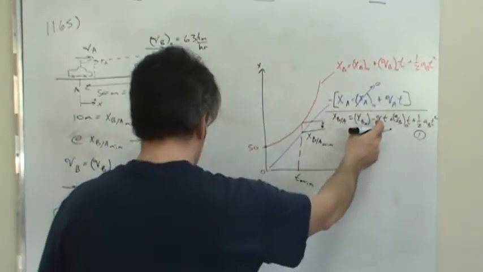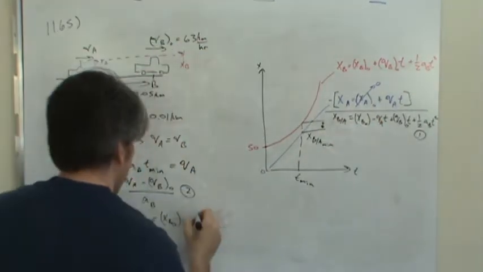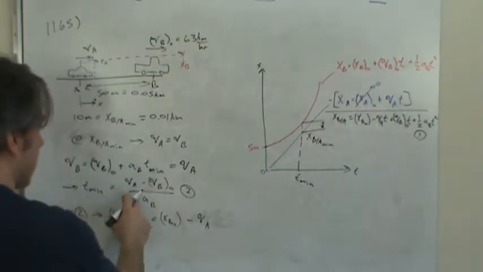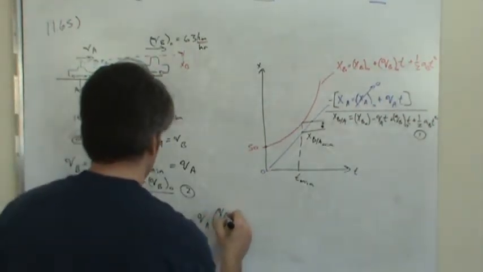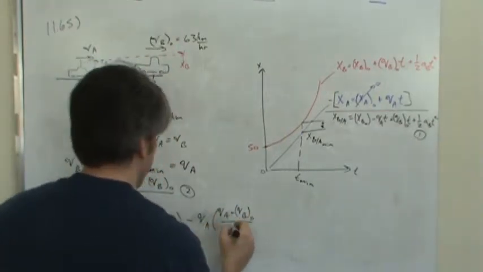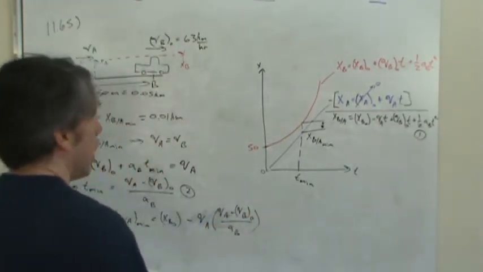So minus VA T, but T is at T-min, so that would be VA less VB initial divided by AB.